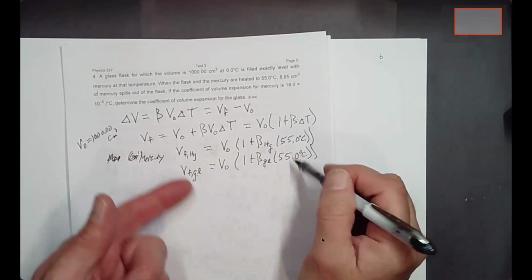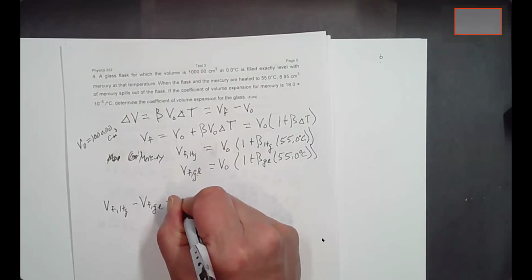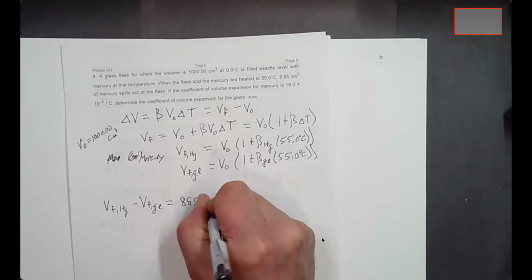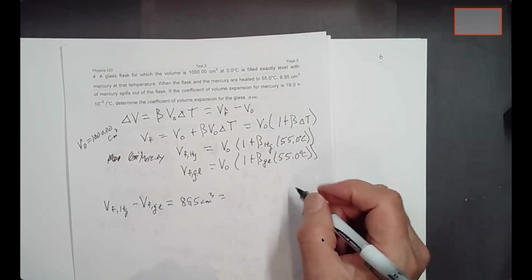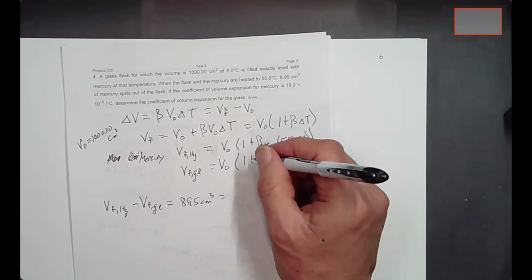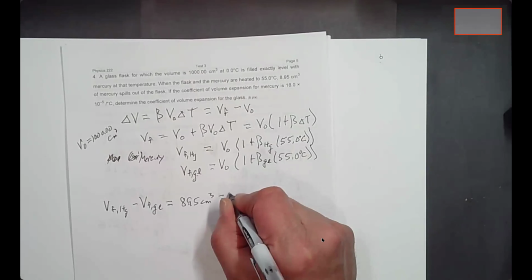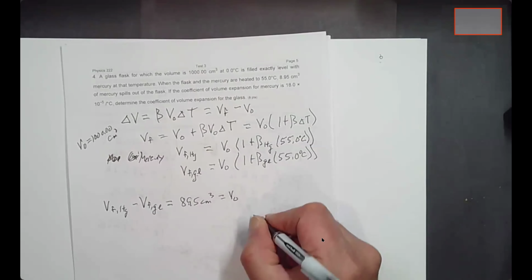Now it's just an algebra puzzle is all we've got going in here. But that 8.95 centimeters cubed will equal V naught for the mercury. And maybe I'll just expand each of these things, because actually the first V naughts are going to drop out.